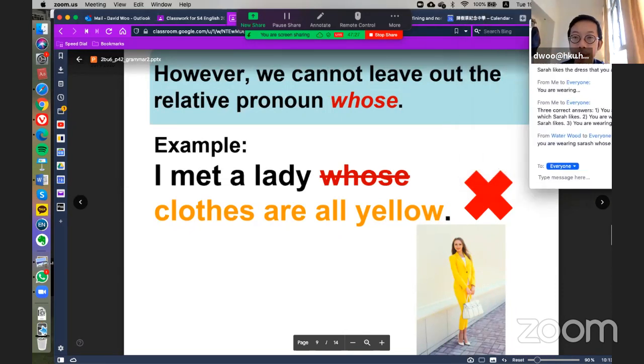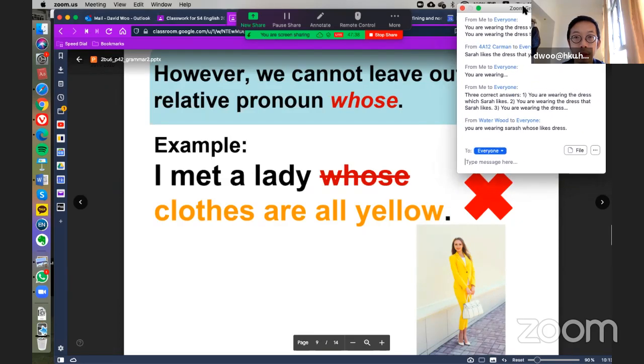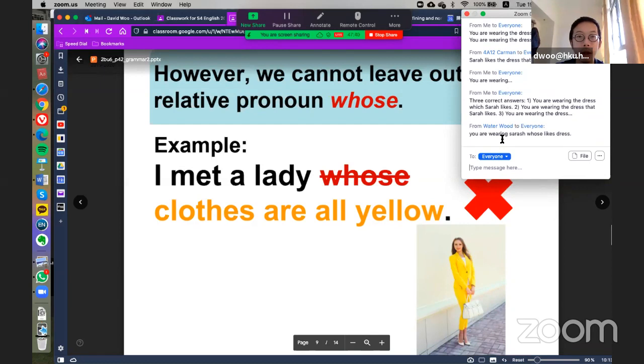It's a good try. But again, whose refers to possession. Okay. Write the two sentences that compose I met a lady whose clothes are all yellow.